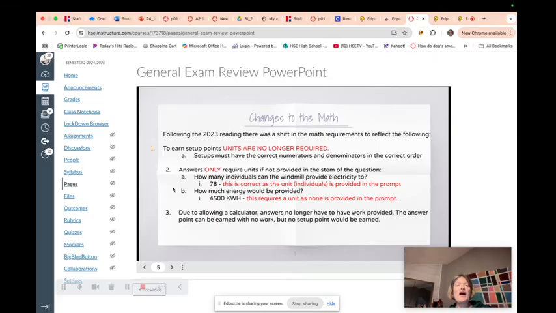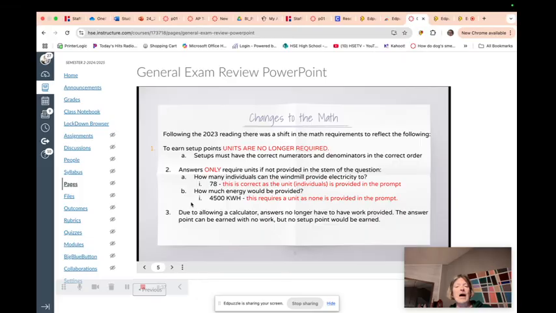Setup, no. An example of a problem where you would have to include units would be like B. So how much energy would be provided? Well, they're not telling you at all what the units are. So with this problem, you would need to show how many kilowatt hours. And so for this case, you should definitely include units.